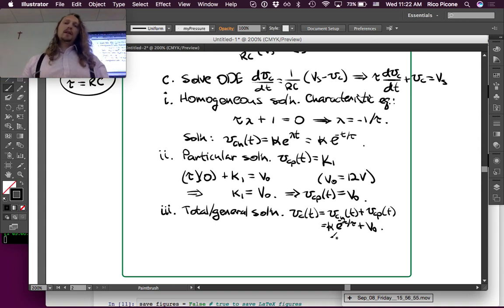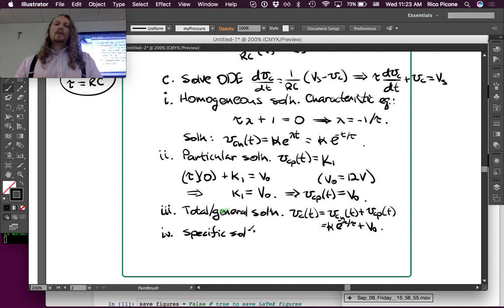So this is our general or total solution, which is a family of solutions, right? It's a different solution for each kappa. And how we find the solution for our specific problem is to find, you guessed it, the specific solution, which we find by applying the initial conditions.